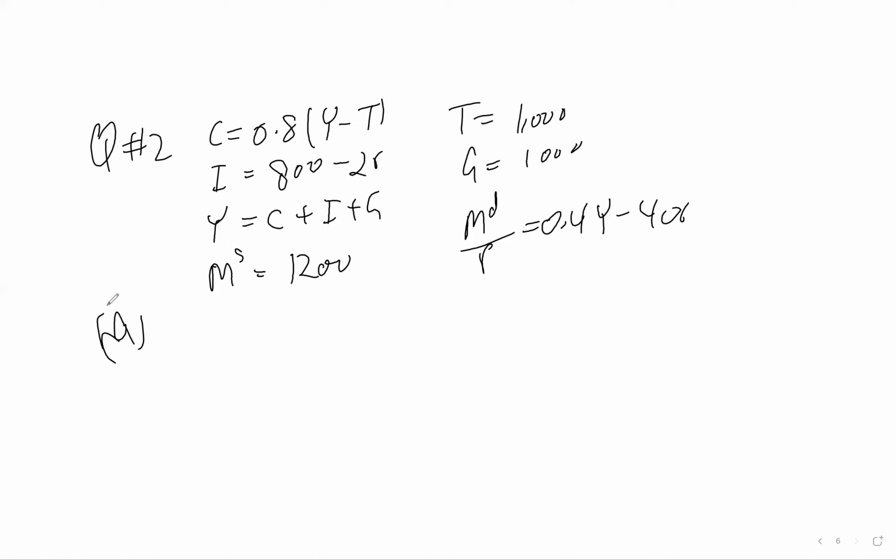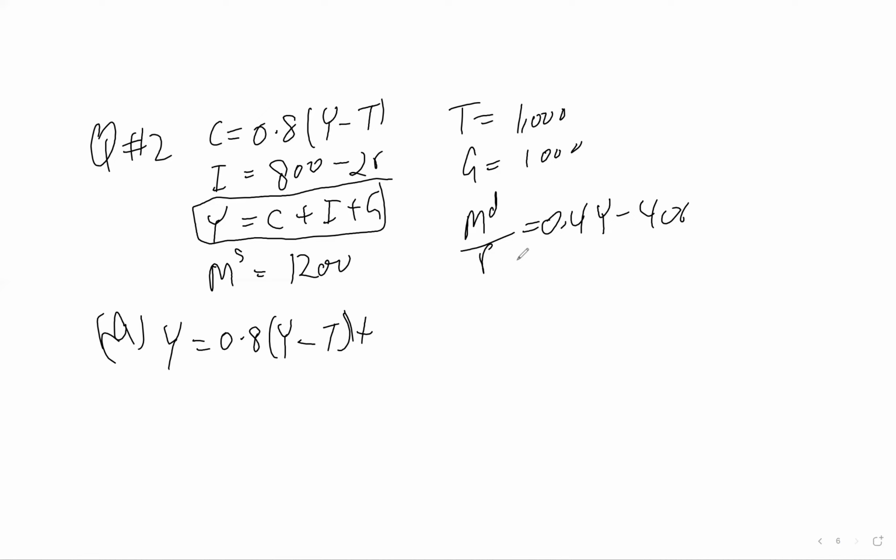Now, we have the equation right here, and this is where we have to start and substitute whatever information we have. So Y, we have the consumption here. So instead of C, we have to substitute this one, which is 0.8 times what you earn as an income minus what you pay as taxes.